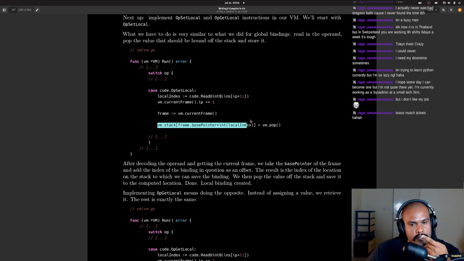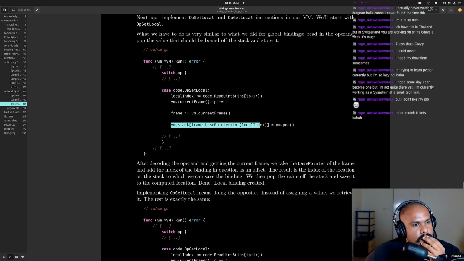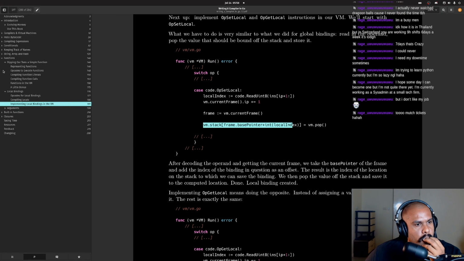So you push it back onto the stack. I want to see how globals were done. Function calls.